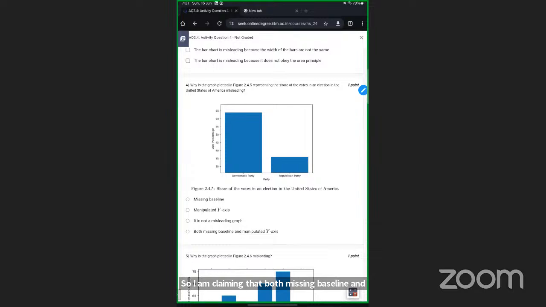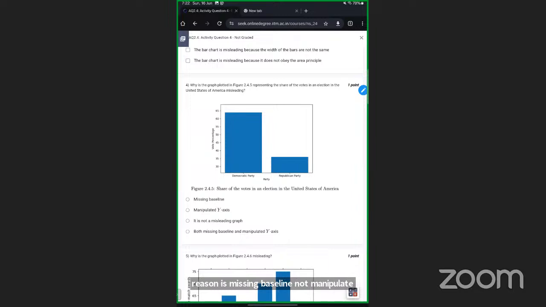Manipulated y-axis, yes, but you are right. Whatever y-axis is there is not manipulated in any way. They are equally distant. The baseline is missing. That's why you are seeing this difference. The main reason is missing baseline, not manipulated y-axis. The y-axis is not manipulated at all.